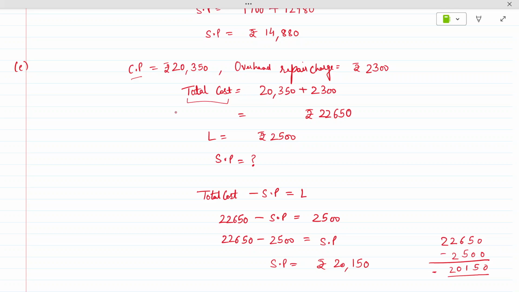This is the loss given to us and we have to calculate the selling price. Since it is a loss case, the cost price was greater than the selling price. That is, the total cost in this case is greater. So total cost minus the selling price is the loss amount. Then we put down all the values and calculated the selling price.